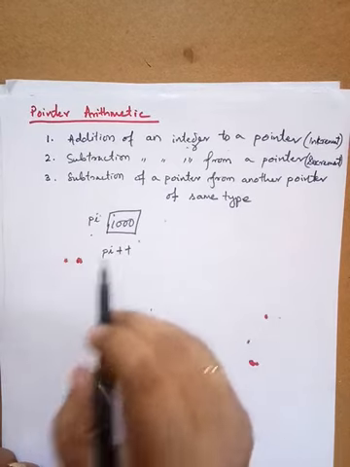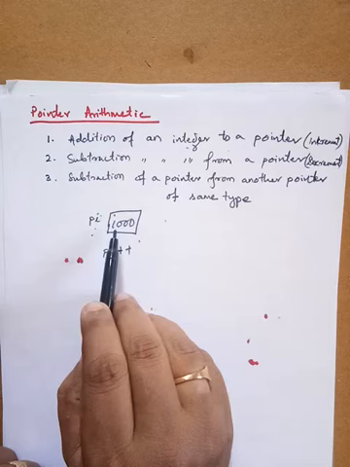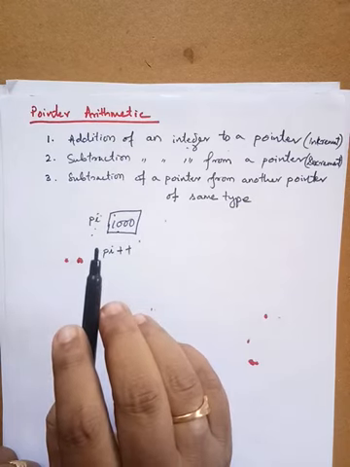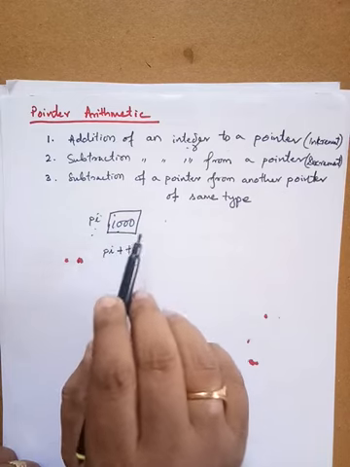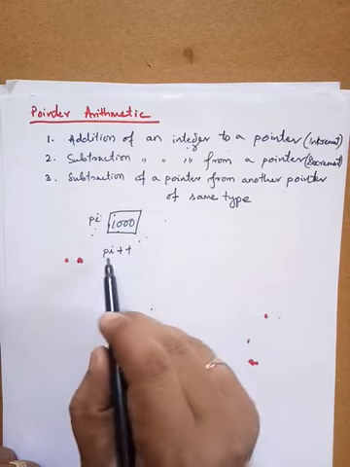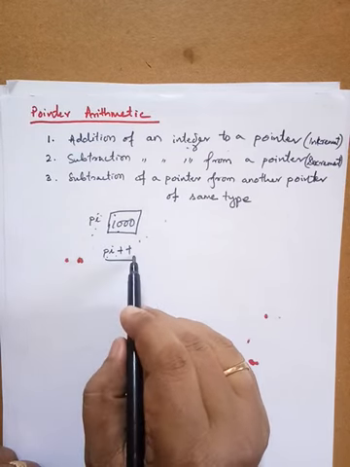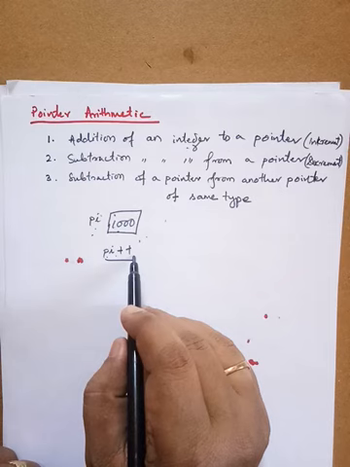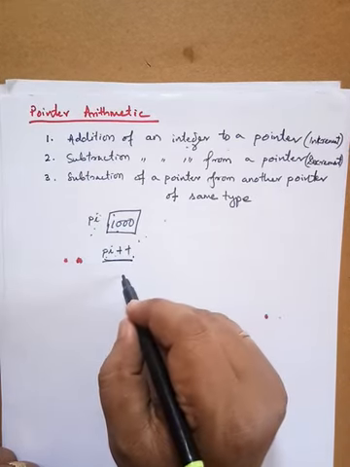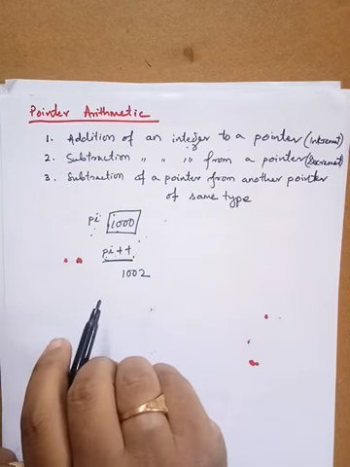Now in this example, the pointer pi holds the address 1000. Incrementing this pointer pi by 1, that means pi plus plus, it will increment by 2 and we will get the address 1002 instead of 1001.